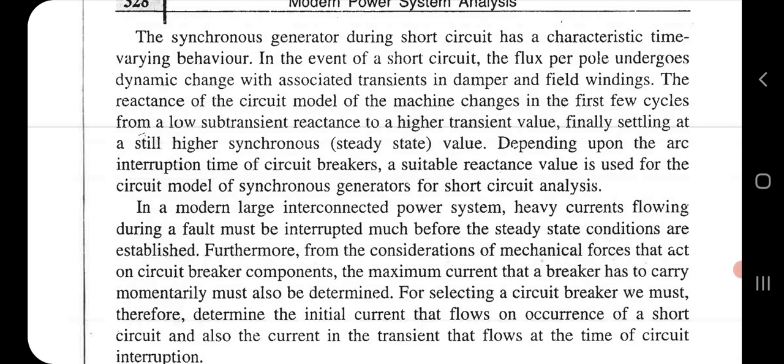We know the synchronous generator, or a generator system. It consists of a field and an armature. When a fault occurs, many changes take place. During the normal condition, the field winding rotates, the armature produces the current, and it is transferred.